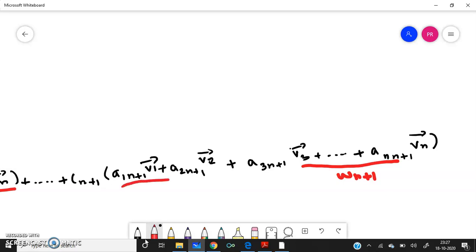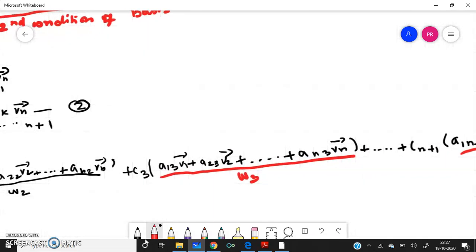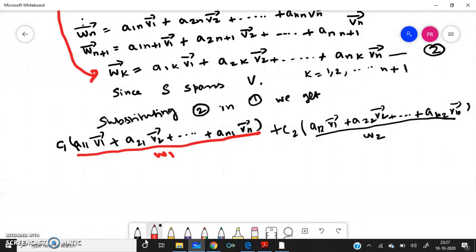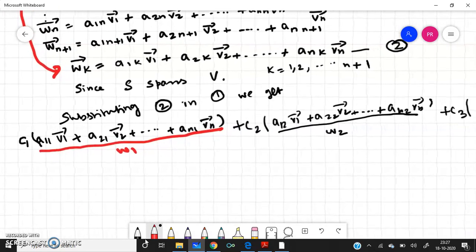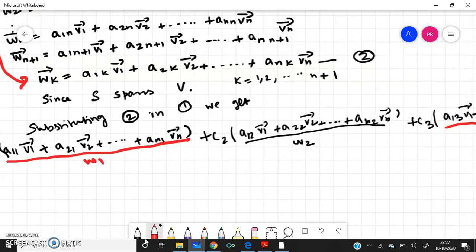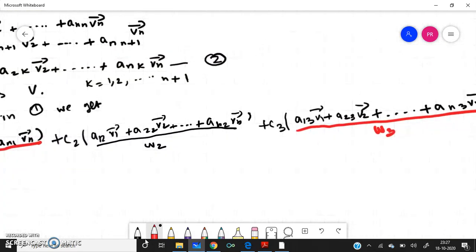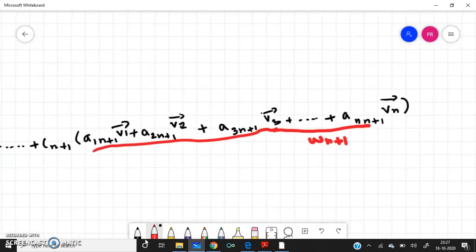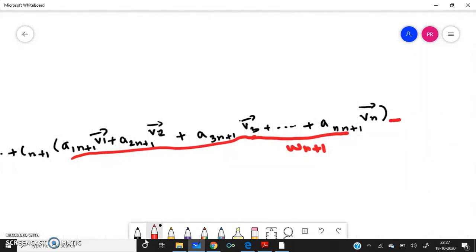All this is my Wn plus 1. See, this much big we are writing, instead of C1 times W1, C2 times W2, C3 times W3, Cn plus 1 times Wn plus 1, equal to 0.